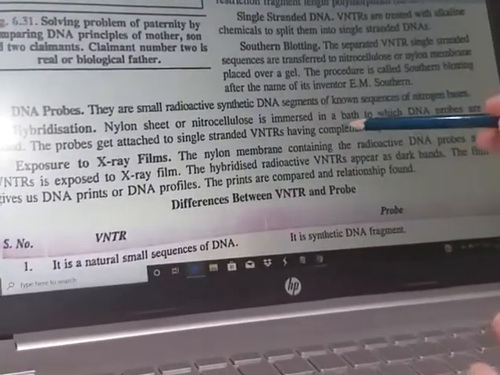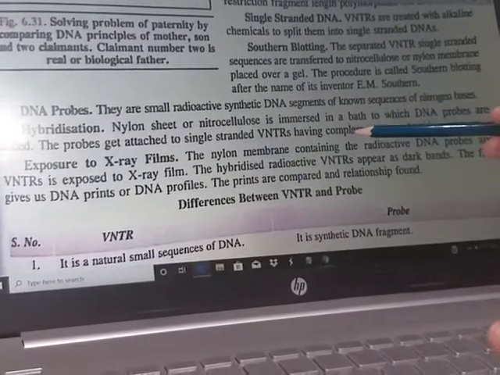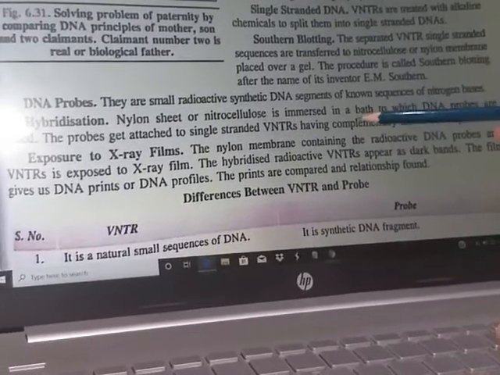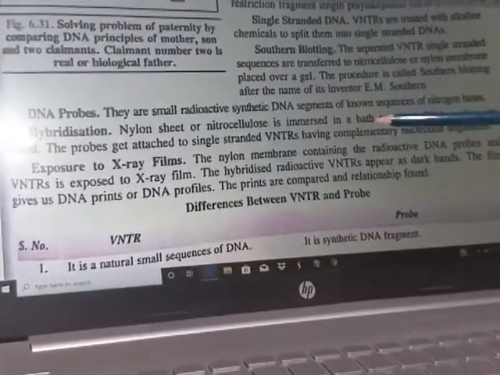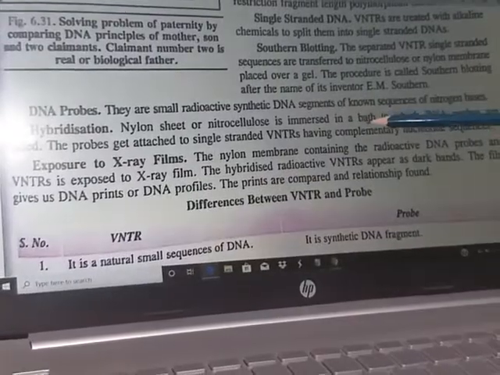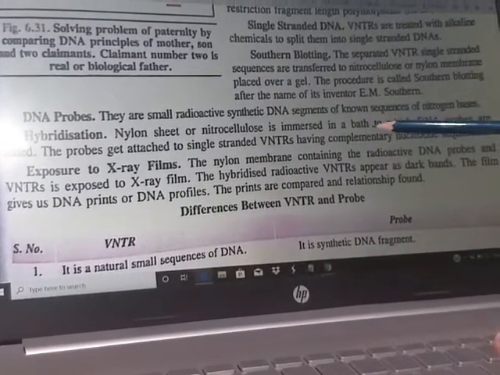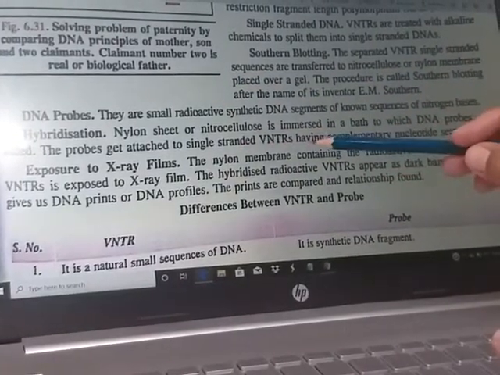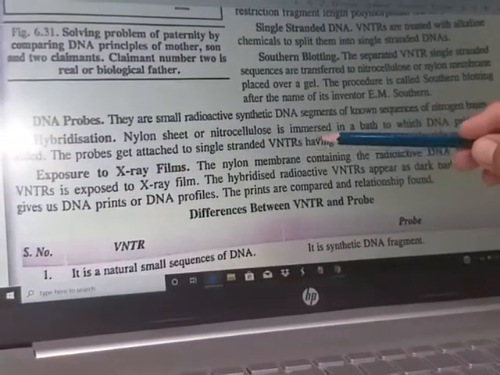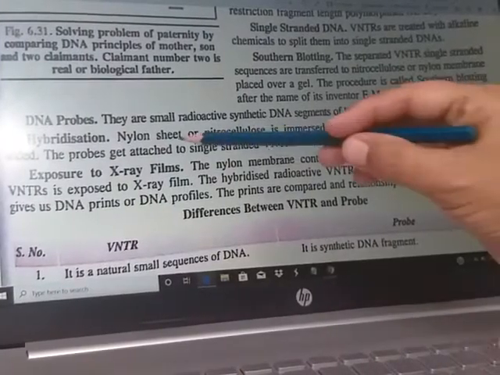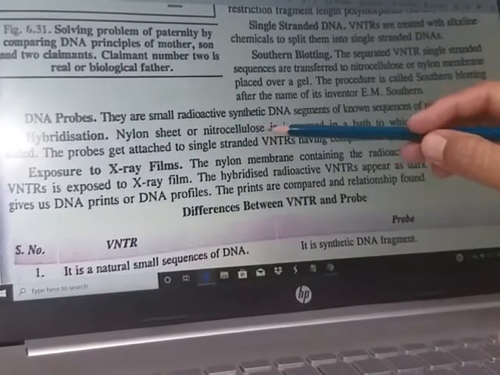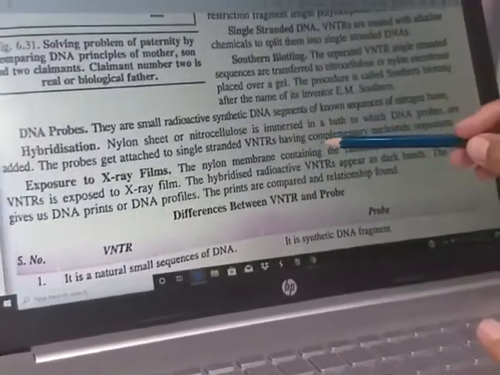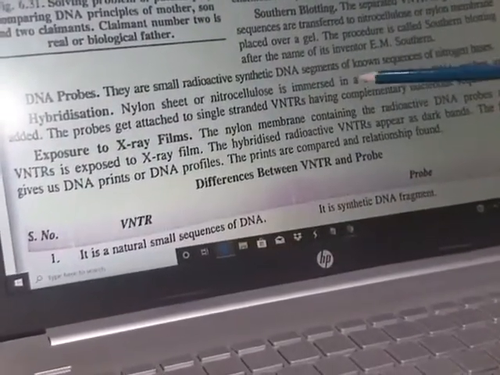Only where there are complementary nucleotide sequences, there will be hybridization. Means complementary bases will pair. We know A will pair with T, G will pair with C. Like this, one sequence we have added via the probe, the other we already had from the source and placed over the nitrocellulose sheet, and there will be pairing of the complementary base pairs, complementary sequences.